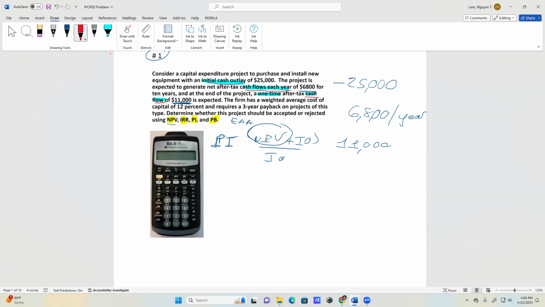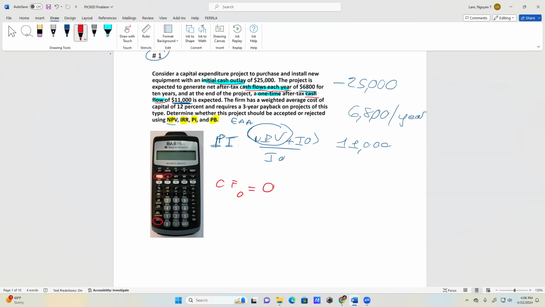go to your calculator and hit CF. And if it's not a zero value, you want to change it into zero by hitting the second button, and then hit the clear button at the bottom. So your calculator should show CF0 equal to 0.